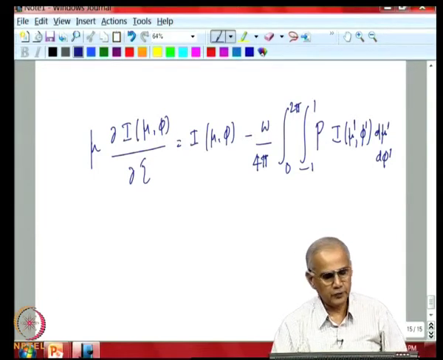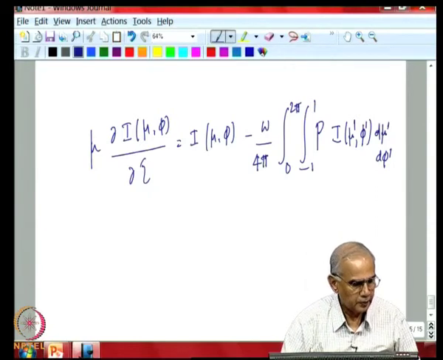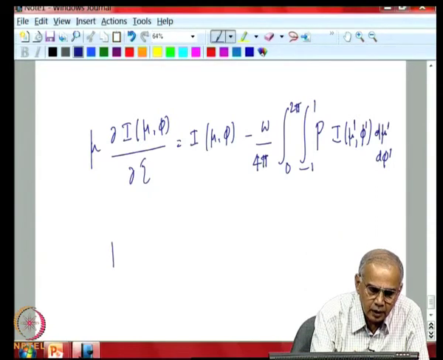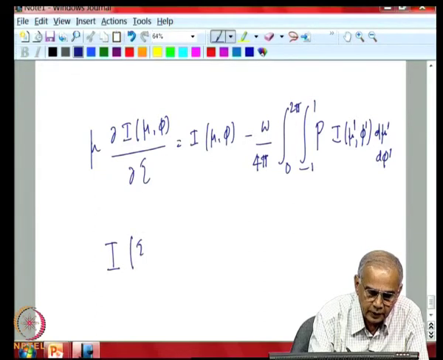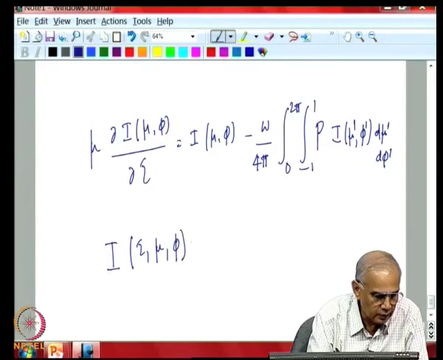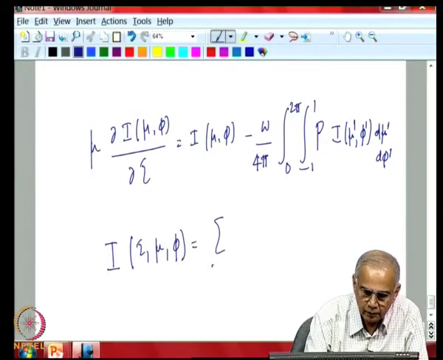Now, the most rigorous way of doing this problem is to expand I, which depends on the optical depth, the zenith angle and the azimuth angle, in terms of spherical harmonics.